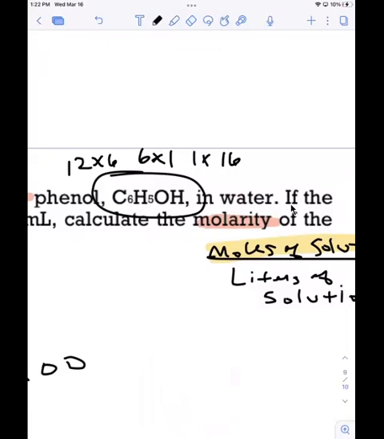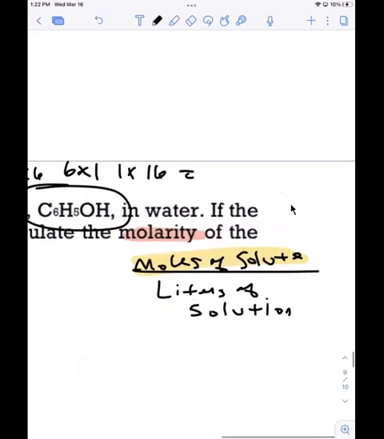Are y'all following? All those are just the atomic masses taken straight from the periodic table. So that's 72 and 16, that's 88. And 6 is what? 94 grams per mole. Good.